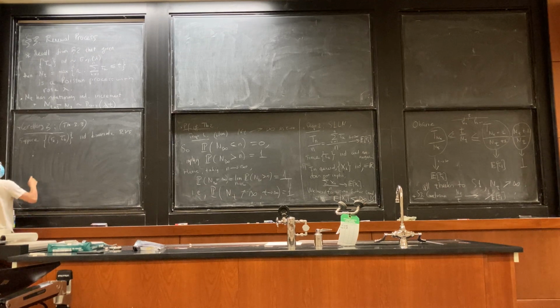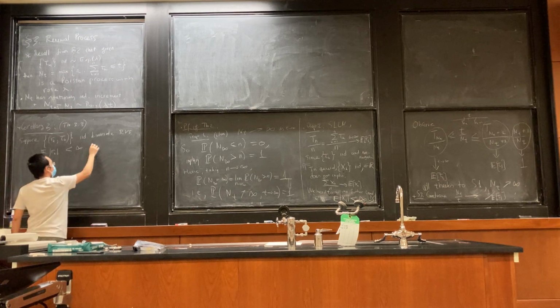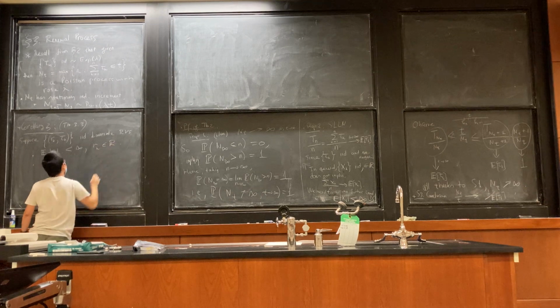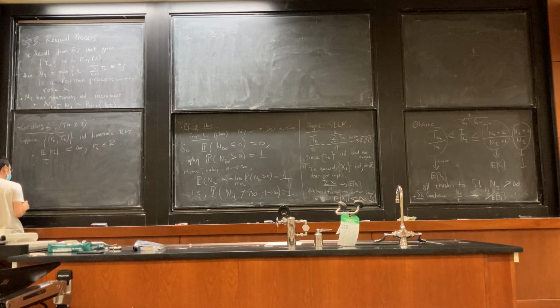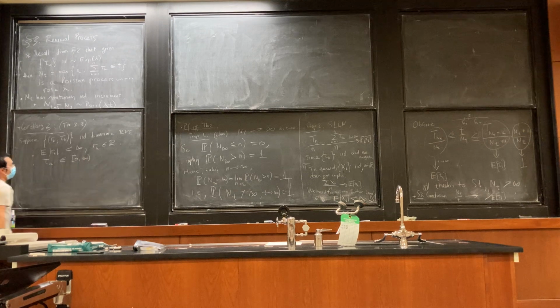Assuming of course the expected value of R_k is finite, and of course here R_k is a real random variable. And assuming tau_k here is taking values in positive reals.